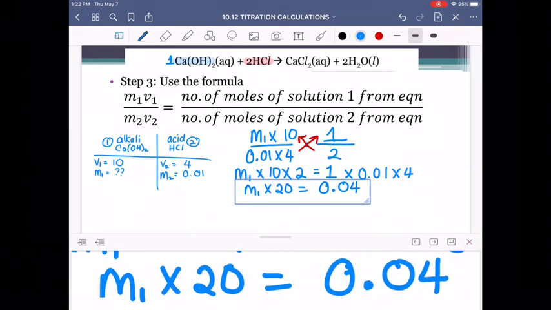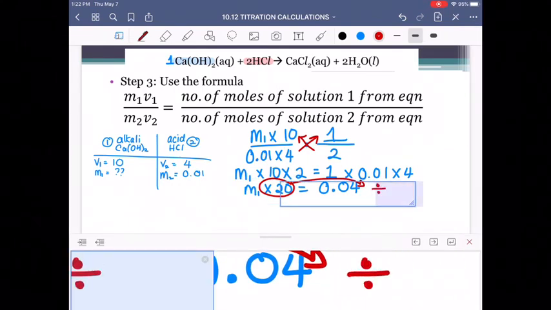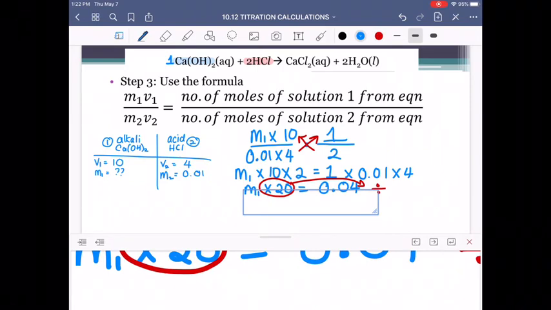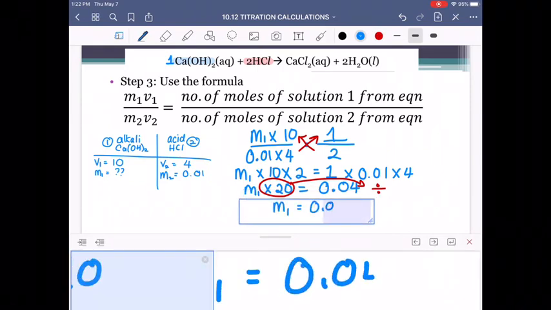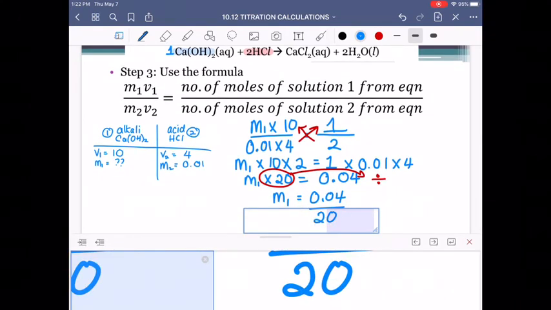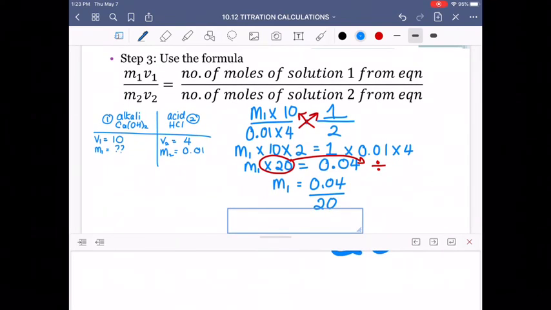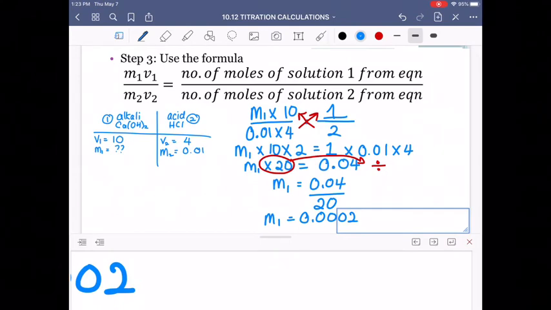Then you have this. Your 20 from your left hand side should be put to the right hand side, and becomes division. Then by using the calculator, you should get 0.0002 mole per dm cube.